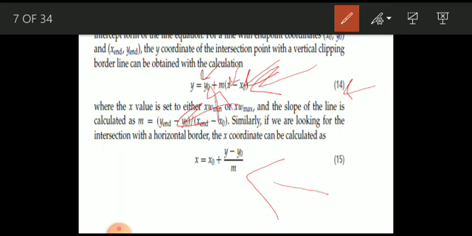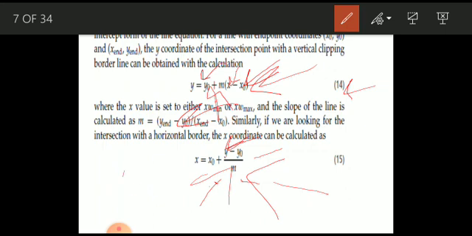Similarly, in this particular equation here, x naught is known, y naught is also known, m can be calculated when we have the two end points. One thing that is not given or that could not be calculated is y.